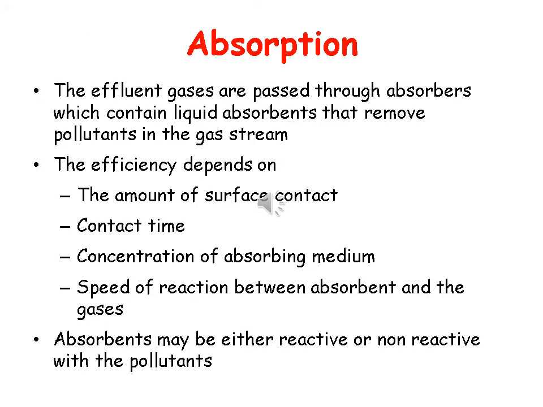Absorption method. The pollutant gases are passed through absorbers, which contain liquid absorbents that remove the pollutants in the gas stream. In other words, the pollutants from the dirty gas get absorbed in the liquid through which the gas is made to pass in these units.